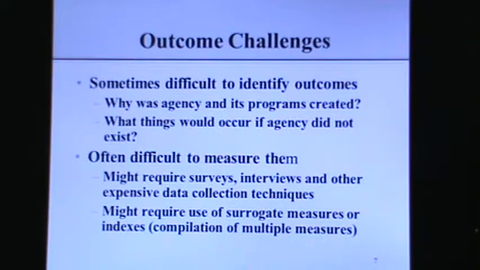Also, sometimes when we can identify an outcome, you think about it and you say, I can't think of a possible way to measure that. And so sometimes measuring outcomes requires surveys and interviews and expensive and time-intensive data collection techniques. And then other things, and I spent a lot of time thinking about surrogate measures or indices, like you hear on Wall Street that the Dow Jones Industrial Average went up today.